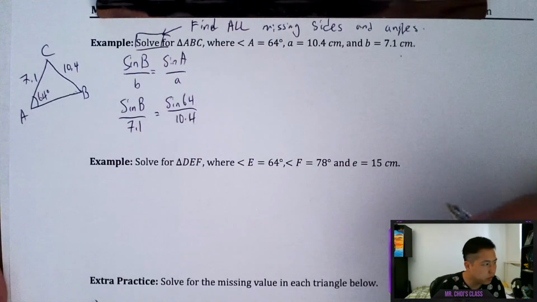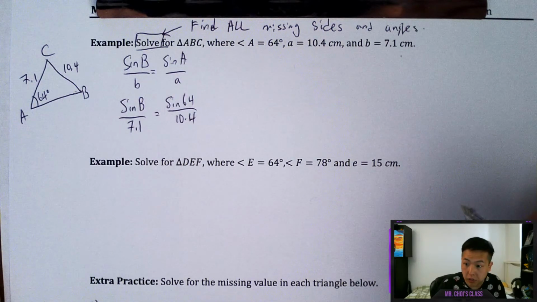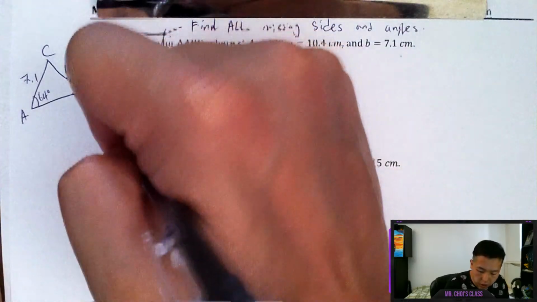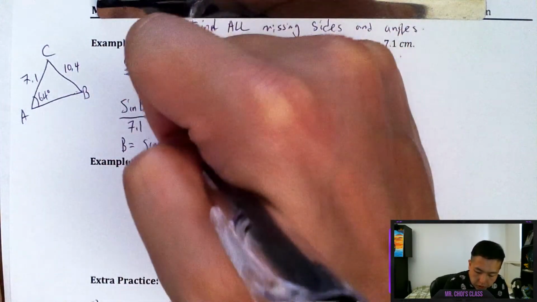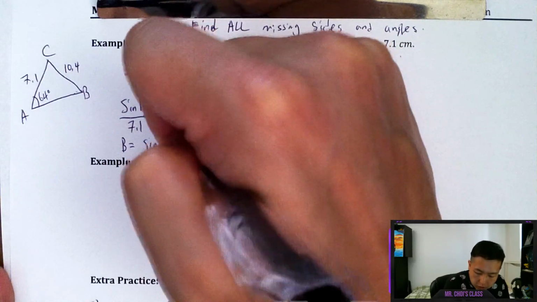There we have it. And then we can solve for our B value, right? So B is equal to sine inverse. I'm just going to rush through because I'm running out of space here and I need as much space as I can.